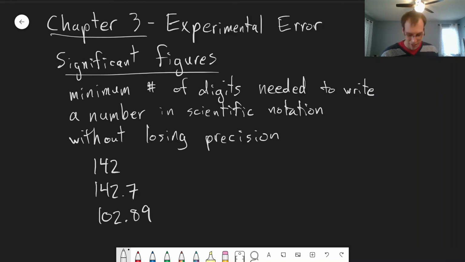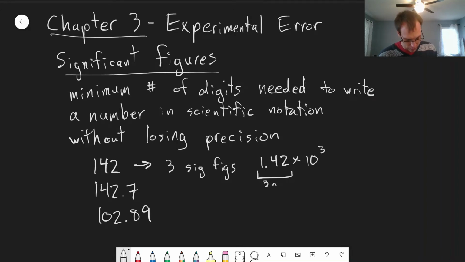Okay, hopefully you paused it and actually thought about this. So 142 has 3 sig figs, and I'll usually use this abbreviation. If we write this in scientific notation, this will be 1.42 times 10 to the 3. And so we need 3 digits to be able to write this out in scientific notation without losing any precision.